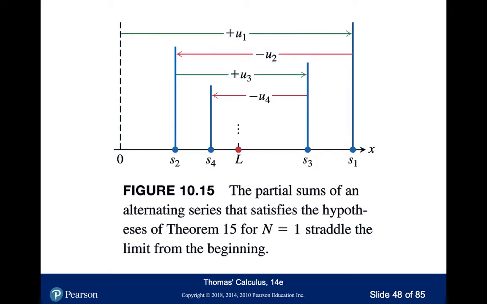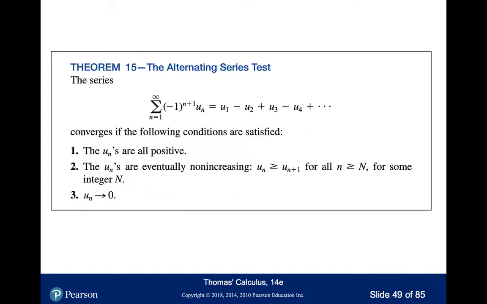So our first term, S sub 1, and then our second term is negative. So we actually end up back at S sub 2. And then add on S sub 3, which would be positive. Then S sub 4 is negative, so we bounce back, and so on and so forth. And what we're wondering is, are we zeroing in on some total sum that we could call L?